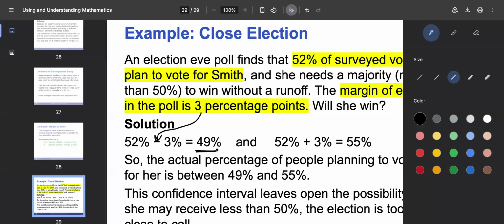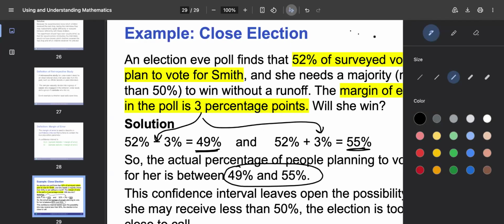So 49% when you subtract the 3% margin of error, and you're also going to add it on to the 52%. So this range between 49 and 55 is what we can bet our money on.